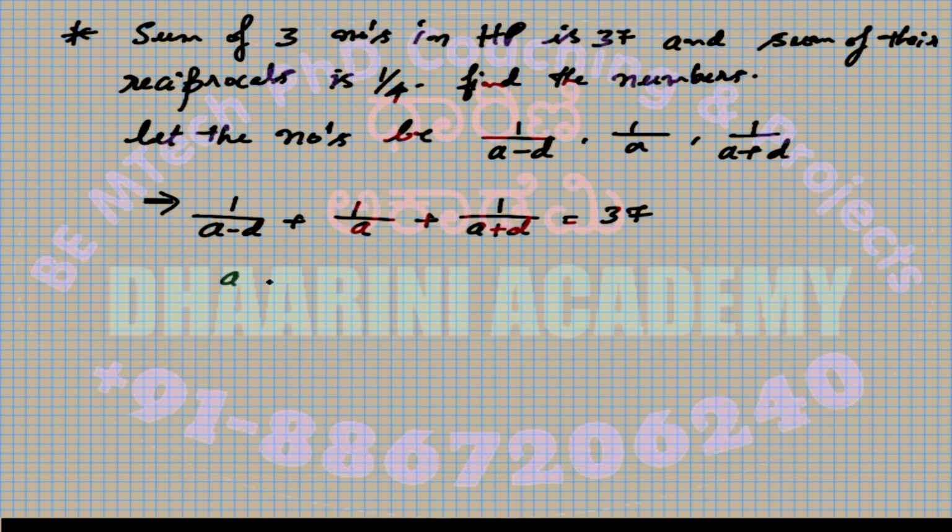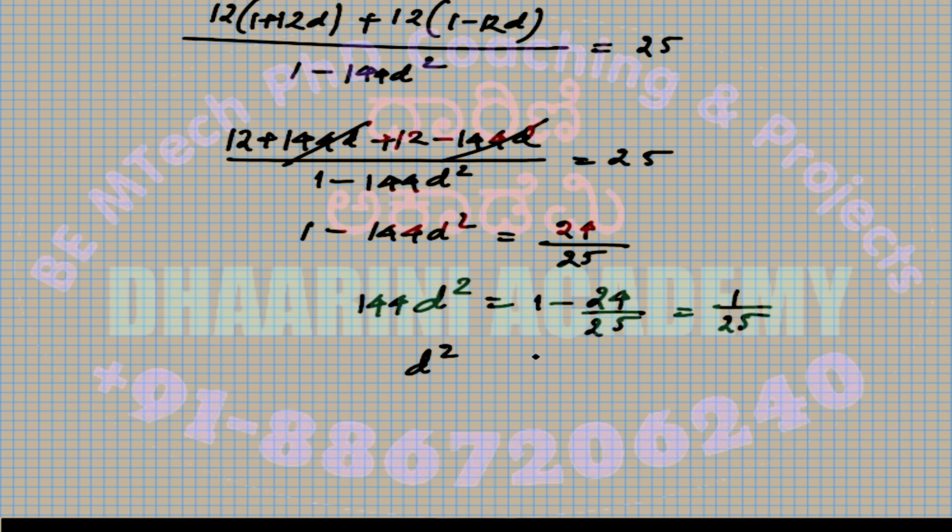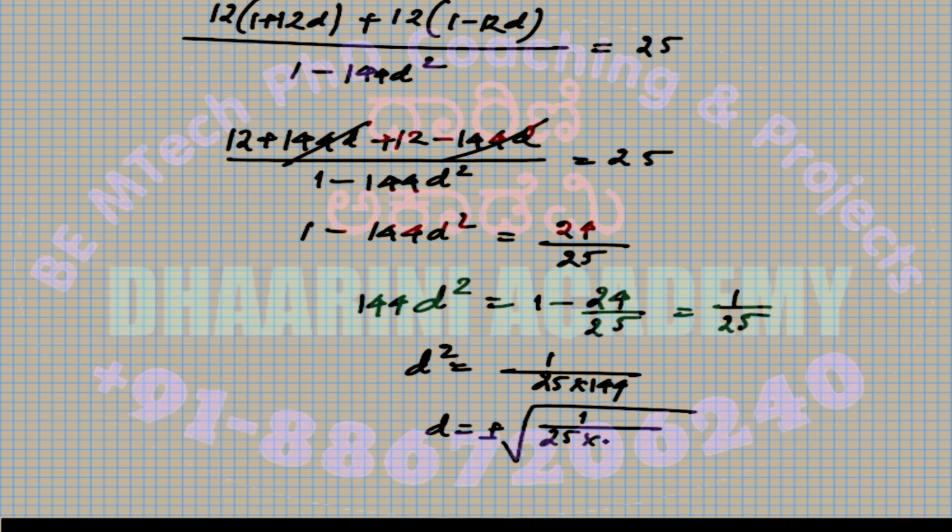So d square is equal to 1 over 25 into 144. So d is equal to plus or minus root of 1 divided by 25 into 144. That is plus or minus 1 divided by root 25 is 5, root 144 is 12. So d is equal to plus or minus 1 by 60.